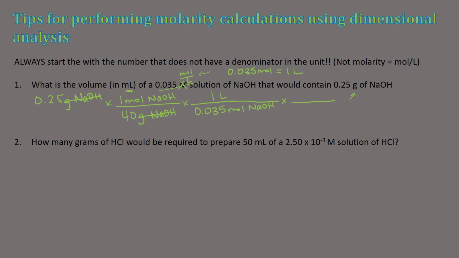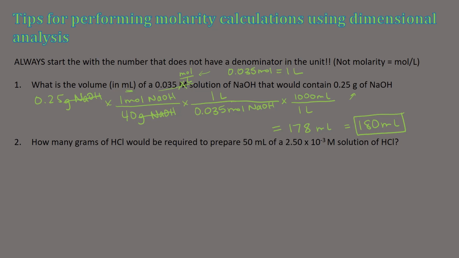Well, there's basically my answer, because 1 liter is 1,000 milliliters. So if I perform this calculation, 0.25 divided by 40 divided by 0.035 times 1,000, I get 178 milliliters. Now I have 2 sig figs, so that would be 180 milliliters of solution.